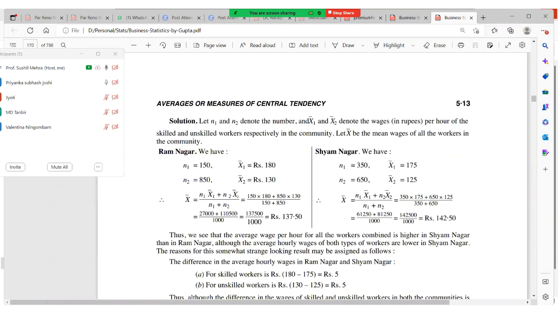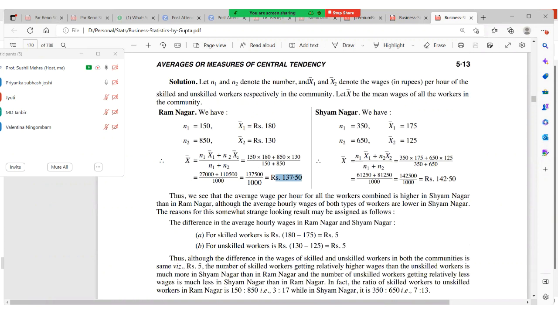Put in this formula, we get this. In a similar way for Shamnagar, we get this. Fine. Right, this is the way to do this combined mean.